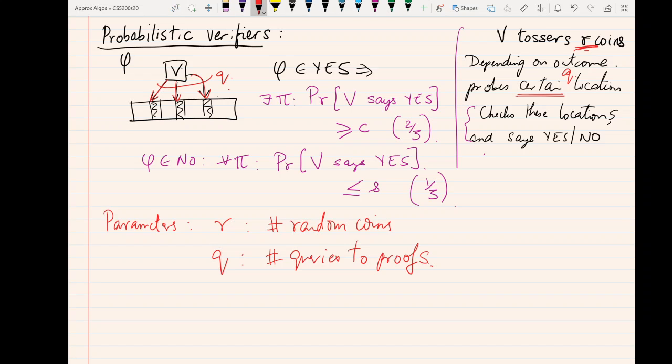The third thing is, of course, what function the verifier is using to check. Most verifiers that we'll be dealing with will use just a deterministic function to check, based on the outcome.